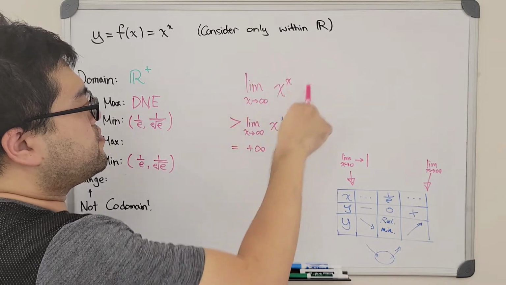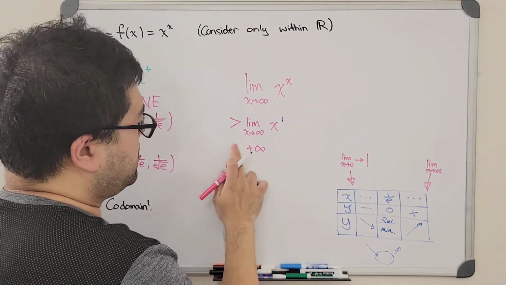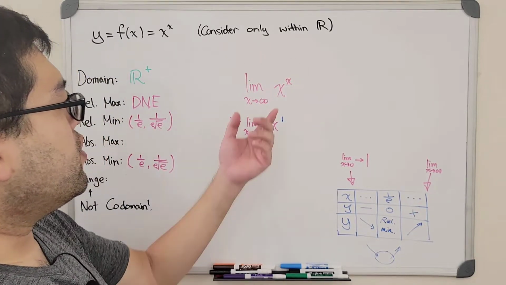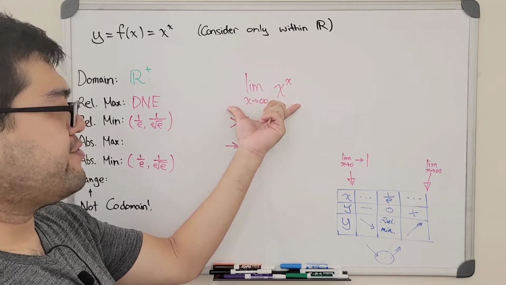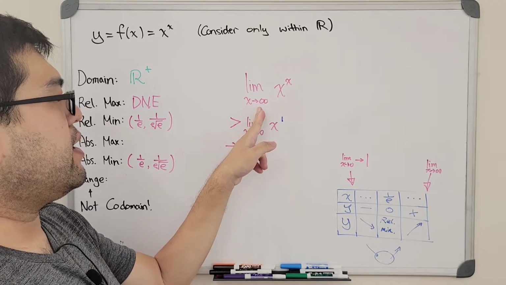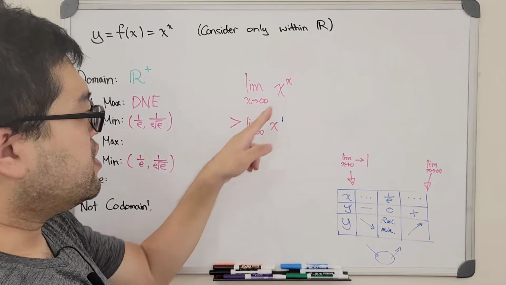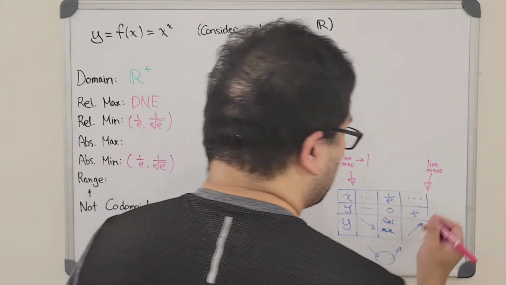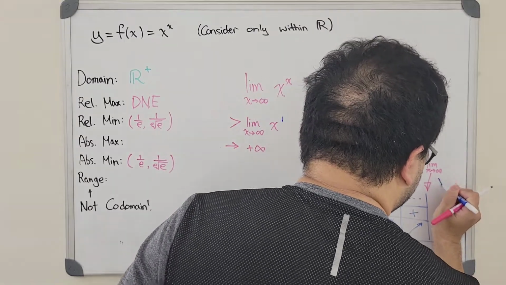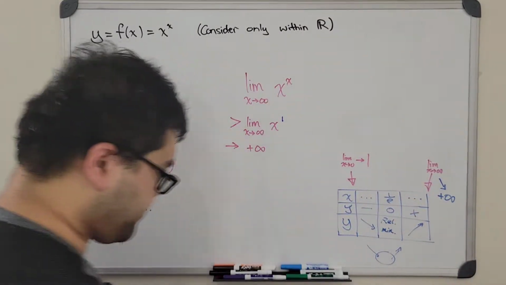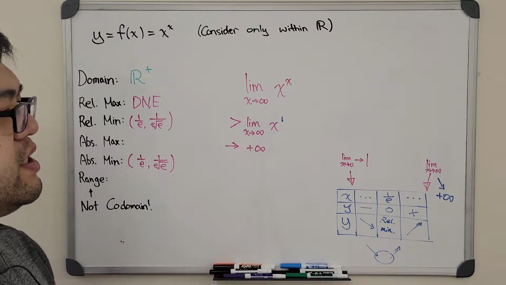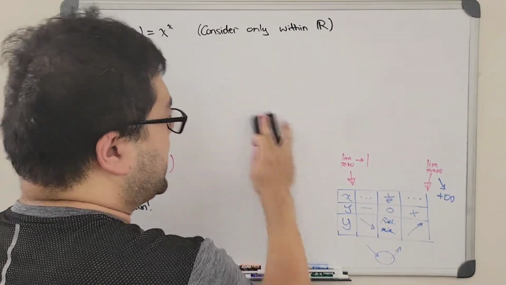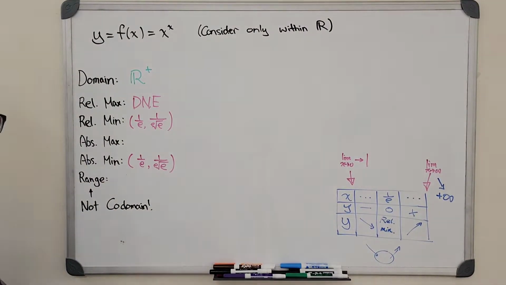Let me write this: it tends to positive infinity, meaning that if we consider the original function x to the x power, and suppose that x is approaching infinity, this function is also approaching positive infinity. So now we actually can see how the two ends of the function go. So back to the question, what is the absolute maximum?